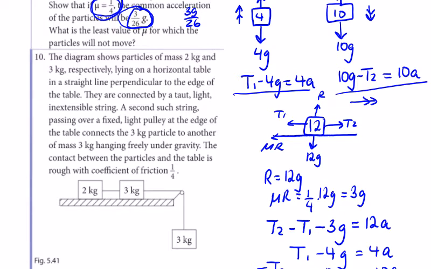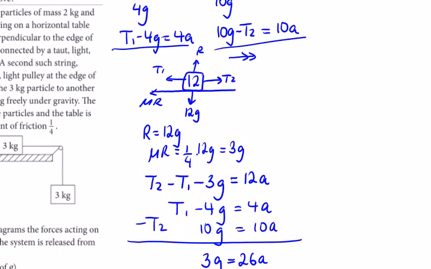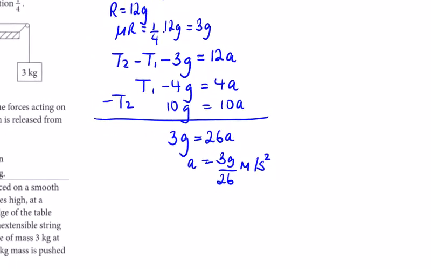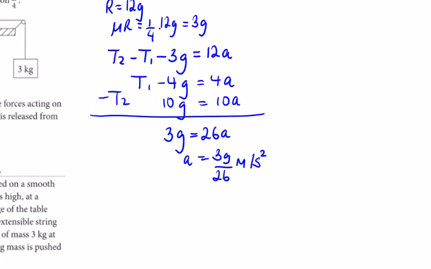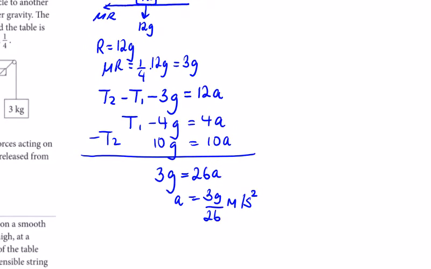What is the least value of mu for which the particles will not move? So for the particles not to move, acceleration has to be 0. So what has changed for the particles not to move? Well, this mu in here, this quarter is going to change. So everything else stays the same.